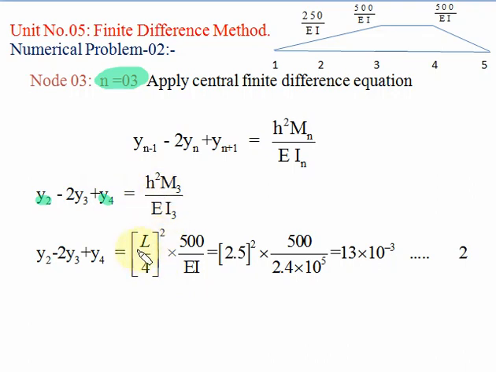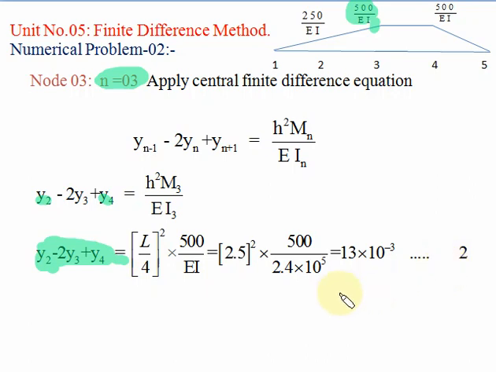Put the value of h, L by 4 or 2.5 square. The value of bending moment at node 3 is 500 upon EI. Put the value of EI and we will get this equation: y2 minus 2y3 plus y4 equal to 13 into 10 raised to minus 3. This is equation number 2.